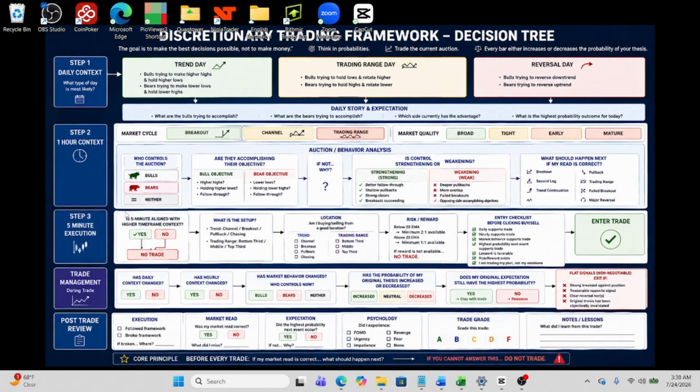So I keep a framework that's very detailed to always keep me aligned with what's going on. And then I know that if I fail to execute any of these steps, that is a trading error. That's a mental lapse, and it didn't have anything to do with my strategy. It had to do with my execution.